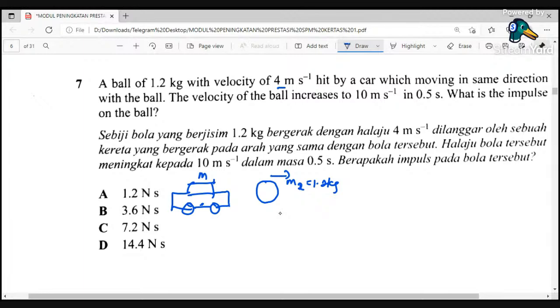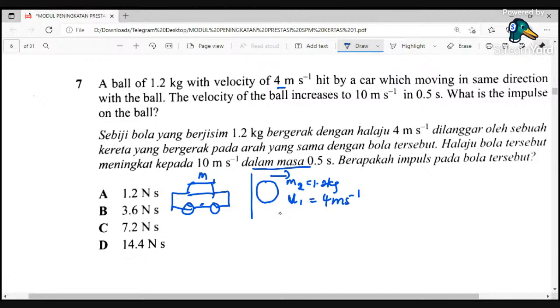Okay, velocity increases to 10. So initially is u1. You can write u1 as 4 meters per second. And then what is the impulse on the ball? Let's say they move separately, so we just discuss the momentum of the ball.